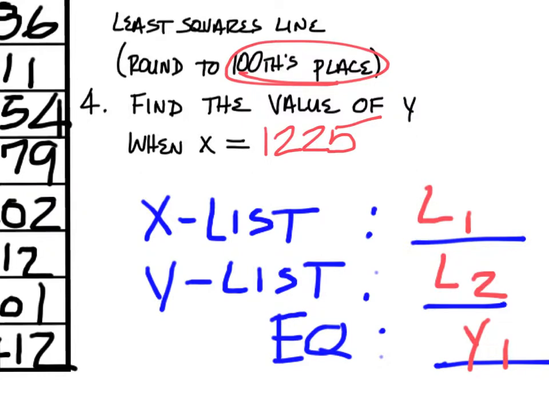To make your prediction, you have to use the equation that you entered in into y1. So hit vars, right arrow, enter, enter, and it brings up y1. Hit enter again, and there is your prediction. It comes out to be 2,529.29, rounded to 2 decimal places.